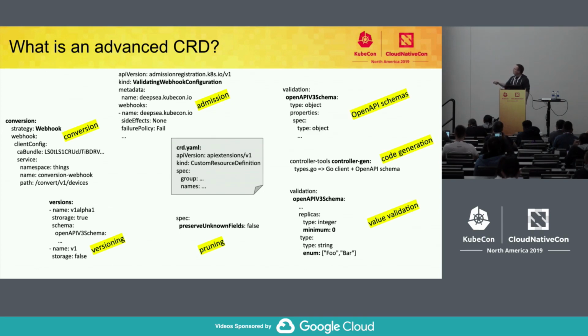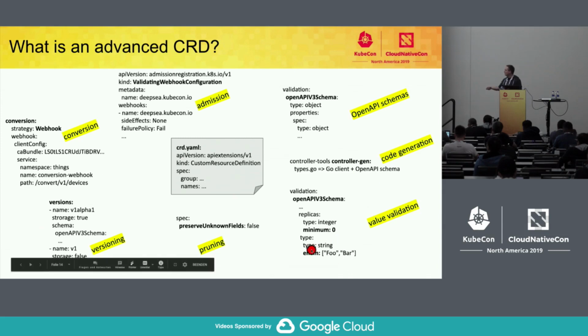Beyond what controller-gen creates, you can also do some validation which is more advanced, like you can validate values of fields in a CRD. There are many OpenAPI features, like you can define a minimum, you can have enums for strings, regular expressions, many more things.